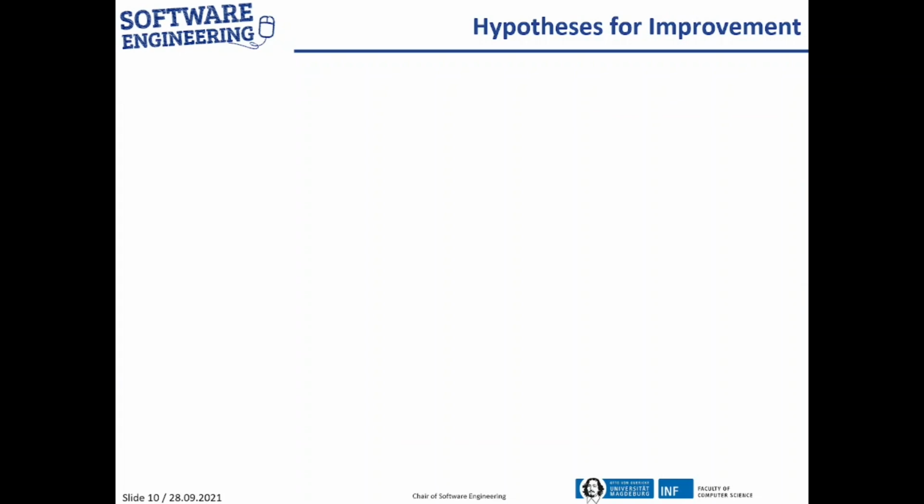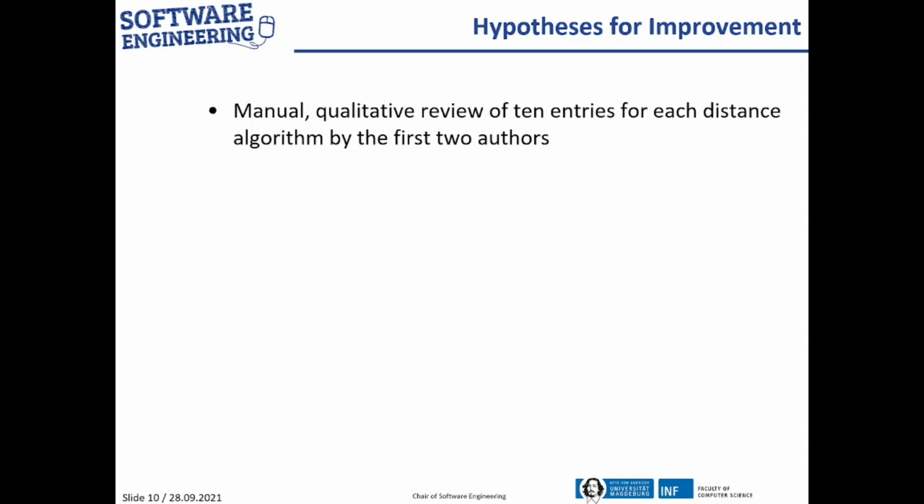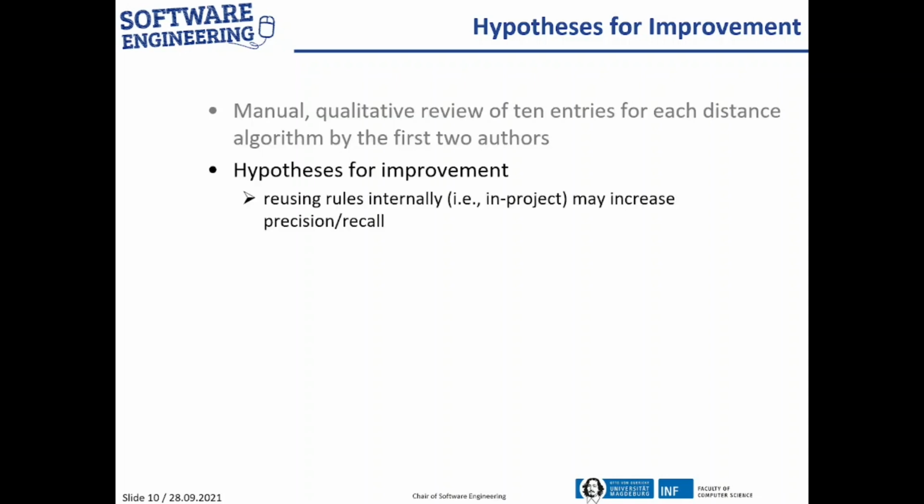Therefore, we did a qualitative review of the distance computation and found some hypotheses that could improve the results. Two of them are: first, that reusing the rules internally, that means in project, may increase the precision and recall.